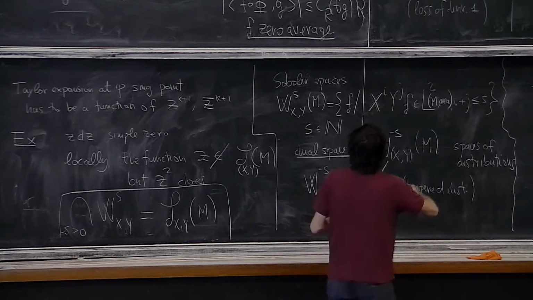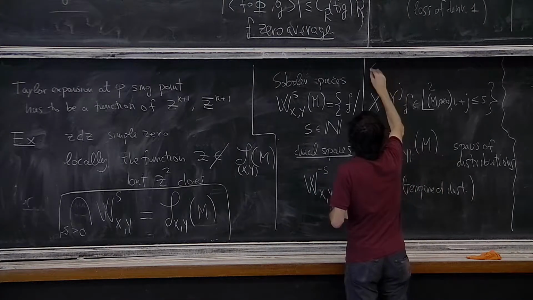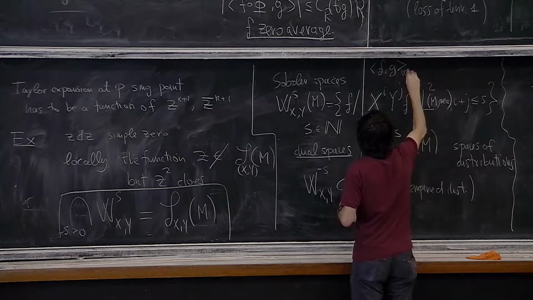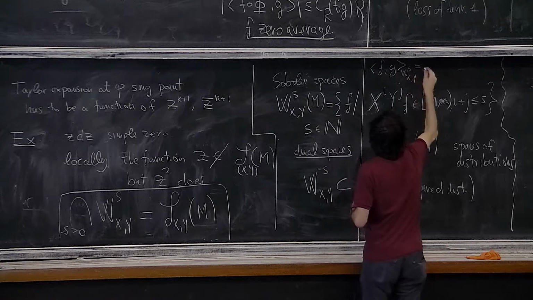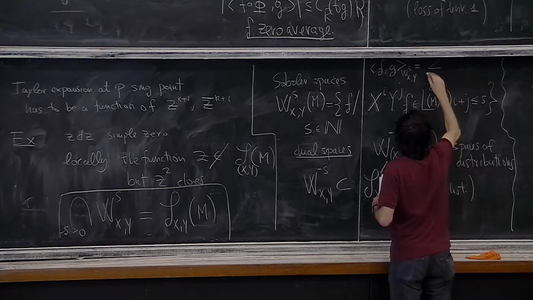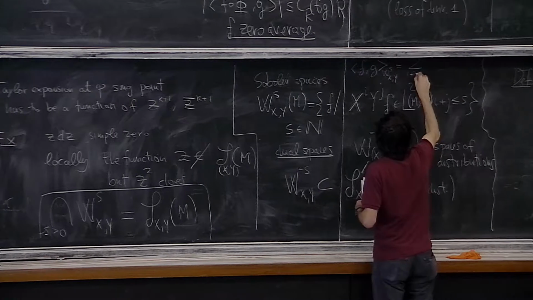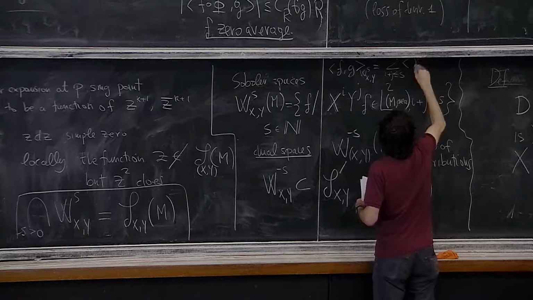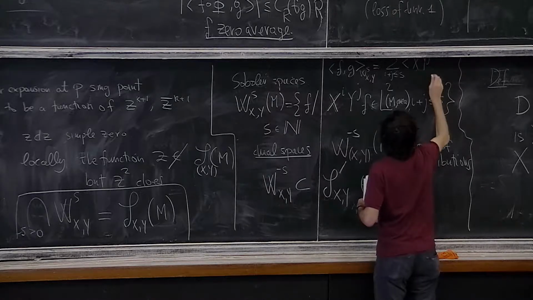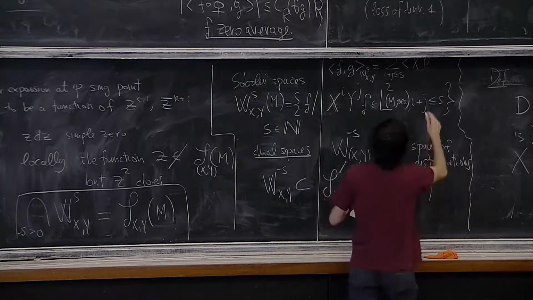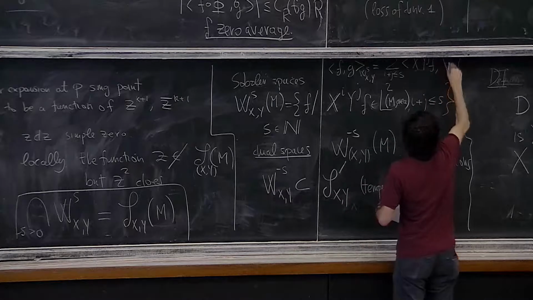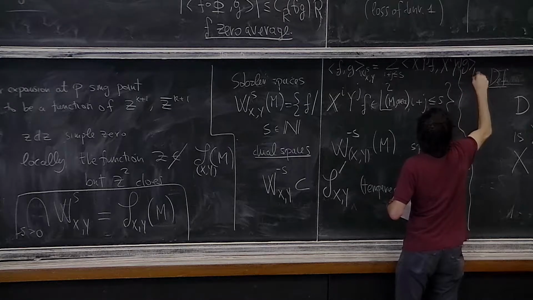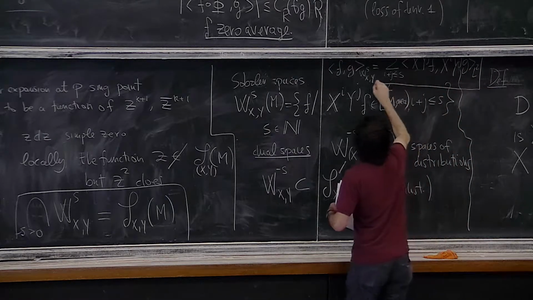More precisely, there is an inner product: the inner product of f and g in WS XY is equal to the sum over j less than S of the L2 inner product of the derivatives of f and g.